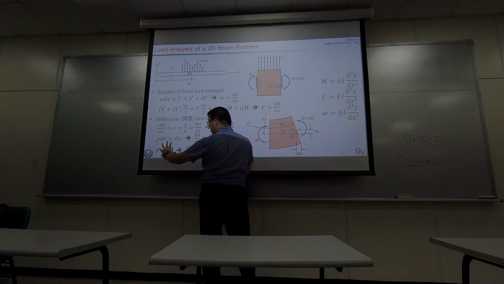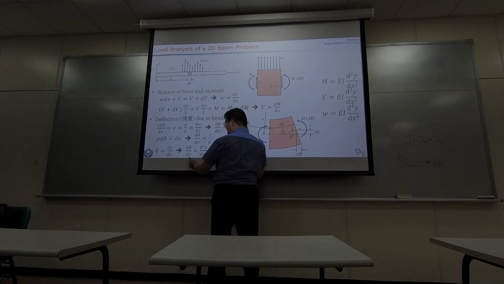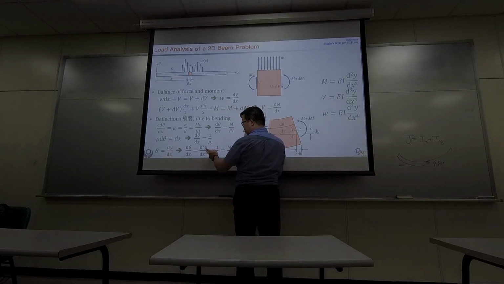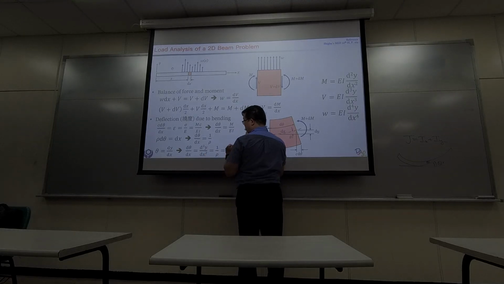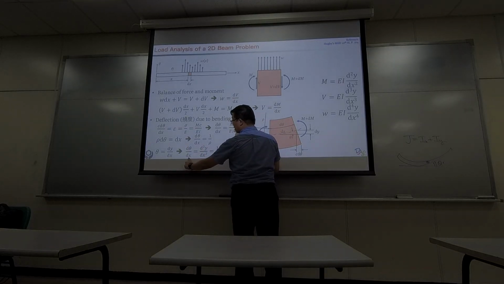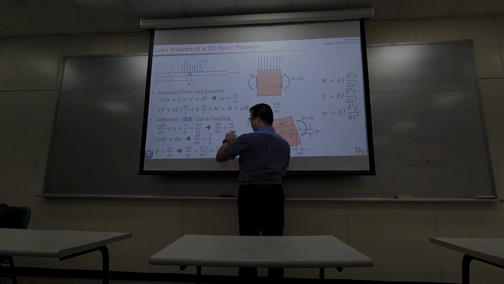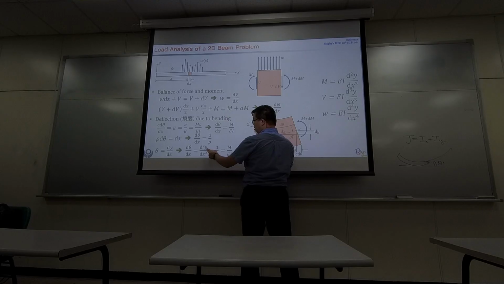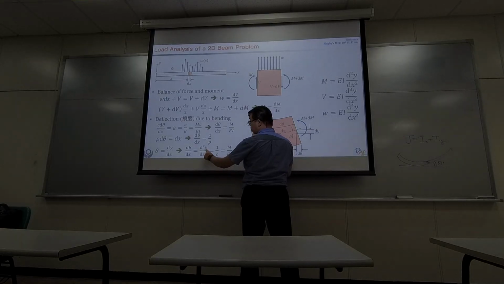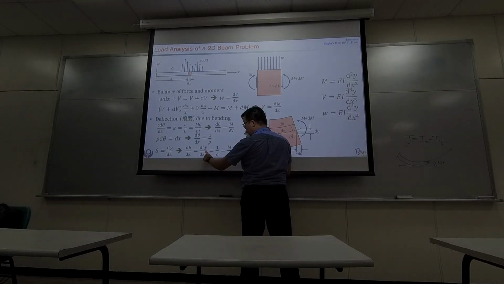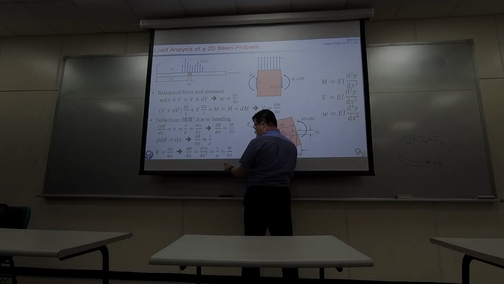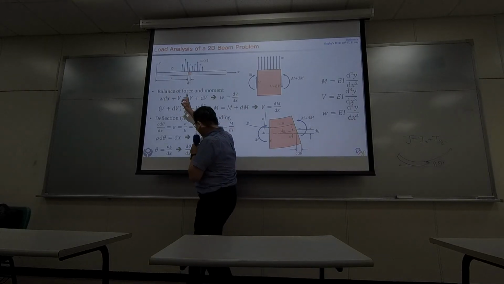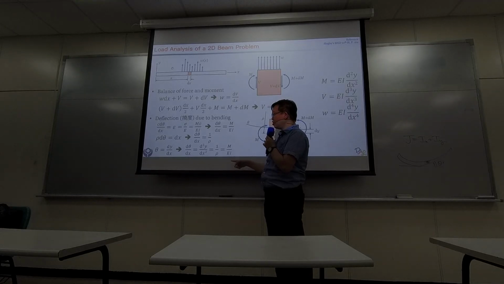If we take the derivative of theta with respect to x, then we come out with d theta over dx, and on the right-hand side you have the second derivative of y with respect to x. And this equation is the same from the second and the first equation, so d theta over dx equals 1 over rho and also equals M over EI. What we want at the end is, how do we compute y, the deflection? So y equals taking the double integral of M over EI. As long as you know the moment at any point, if you take the double integral, you can get the deflection.